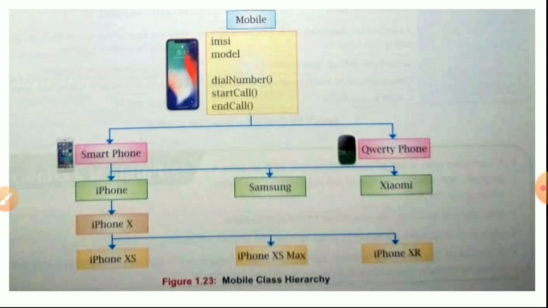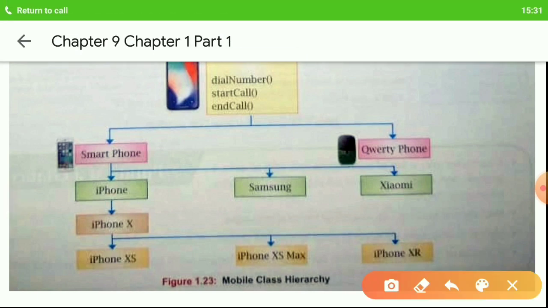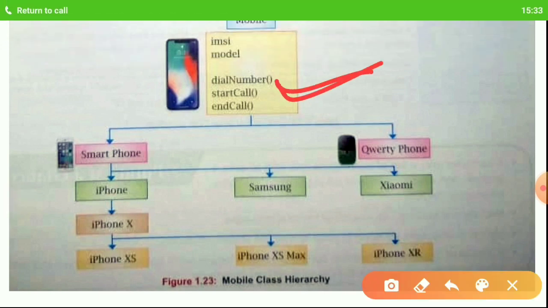What is polymorphism? Polymorphism means the capability of an object to behave differently. So let's consider here this mobile class again. The mobile class is the base class. This mobile class has got the capability to behave as a smartphone or as a QWERTY phone.